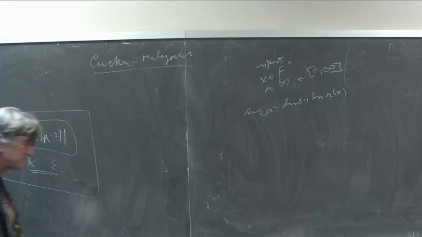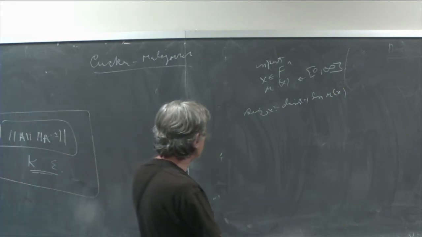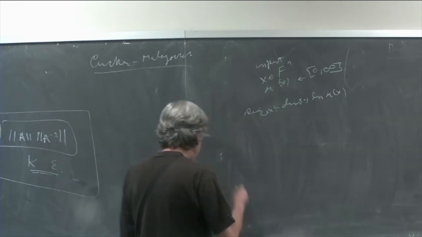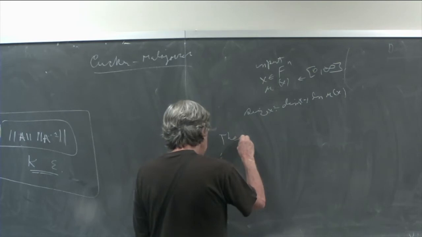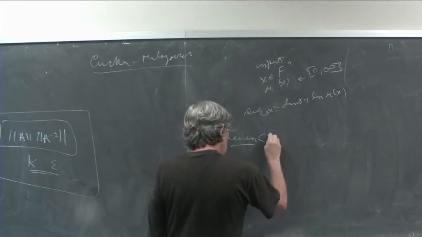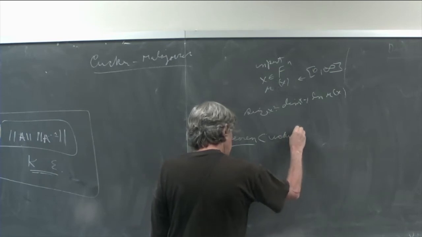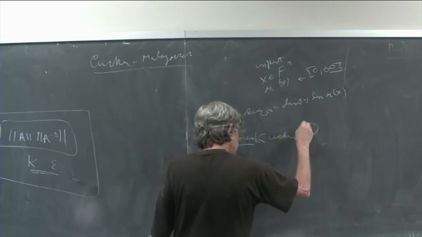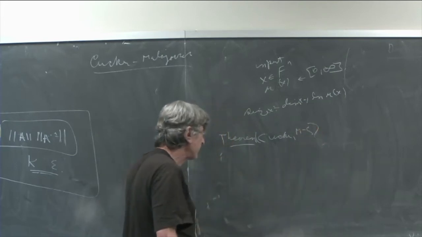And so then there's a kind of an amazing theorem. This theorem is maybe some paper of Kuker, some version, and then in Malajovich, I have a paper that's on the archive.